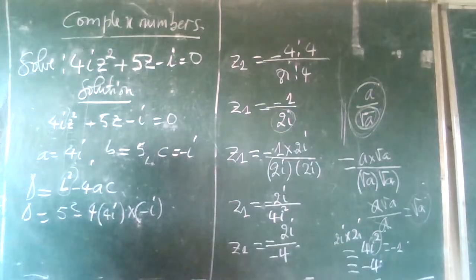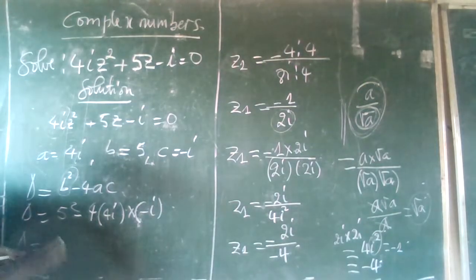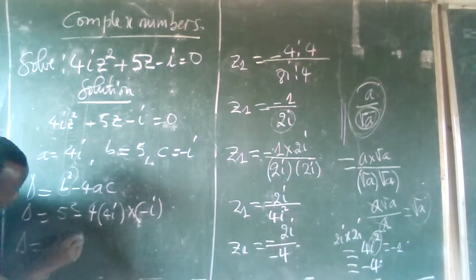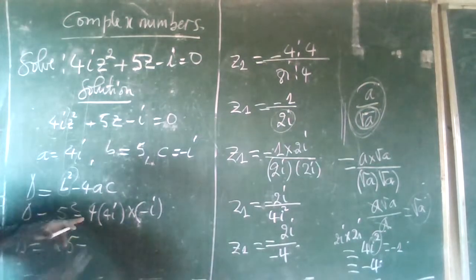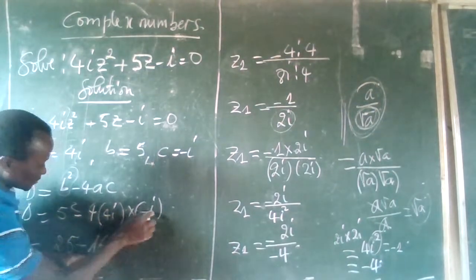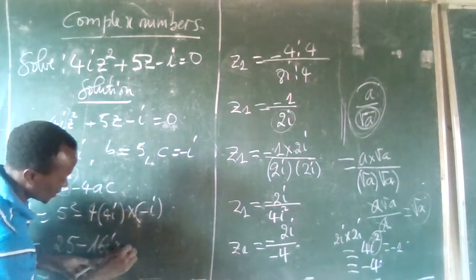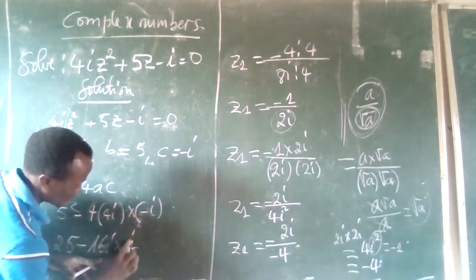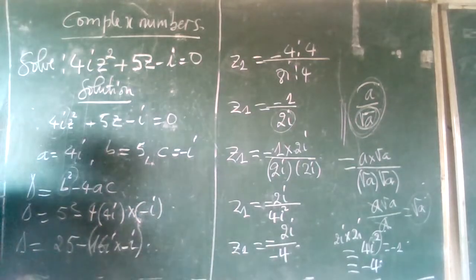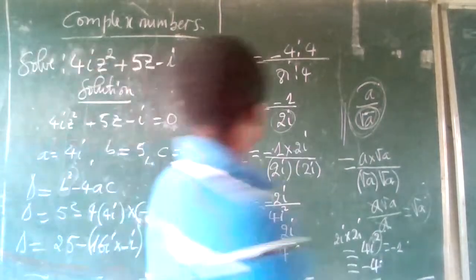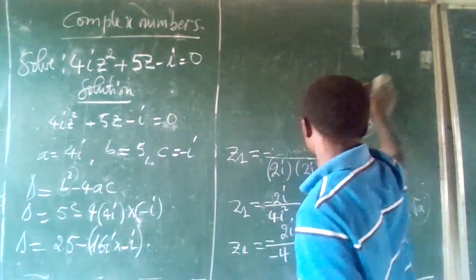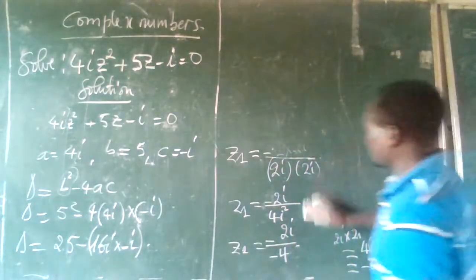Now finally delta will be 25 minus, this time this one is minus 16i times minus i. Yes, we are in multiplication law. So we are going to finalize what we have here.